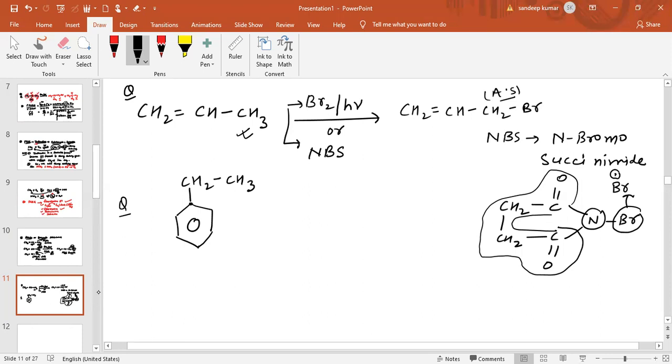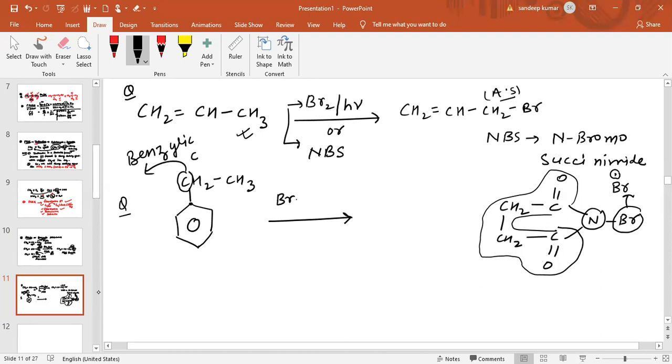The carbon which is next to benzene is called benzylic carbon. Now you can easily say the carbon next to benzene is benzylic carbon.